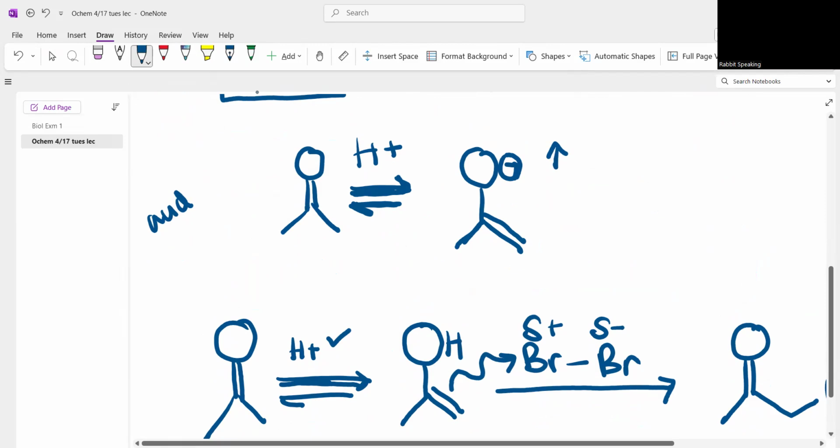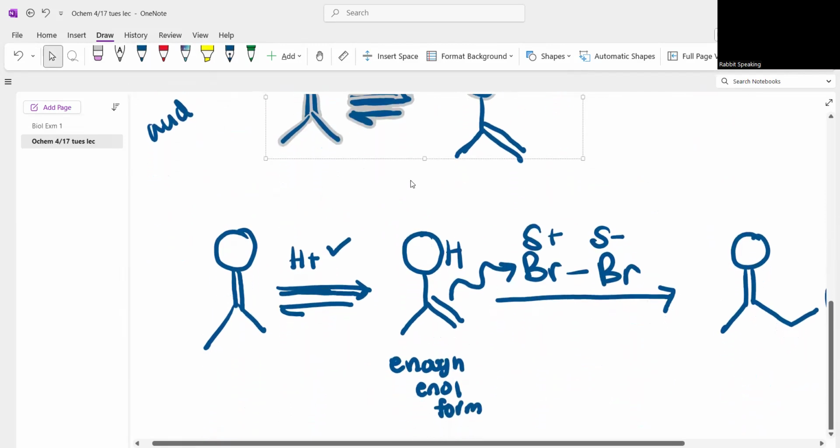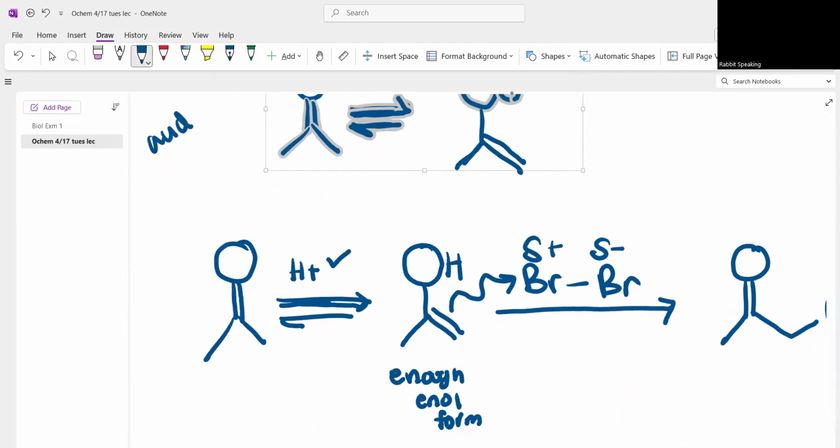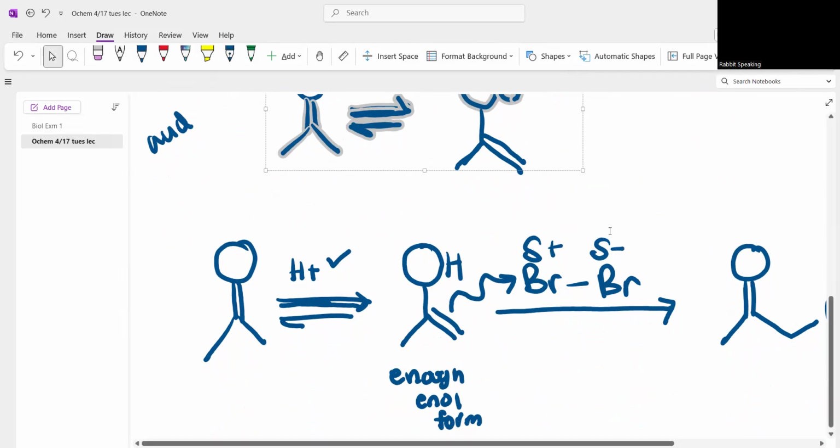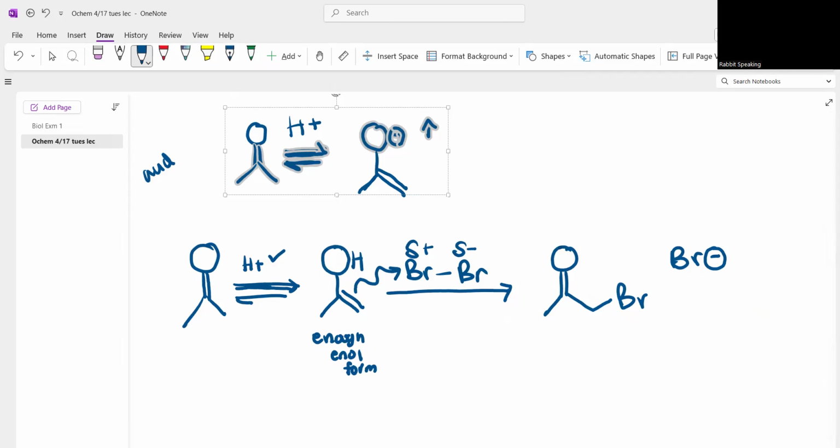It temporarily adds here, and this makes this carbon still more electrophilic. And now if you do this in acidic conditions, you will quantitatively get this product.